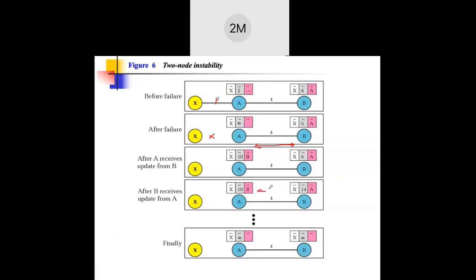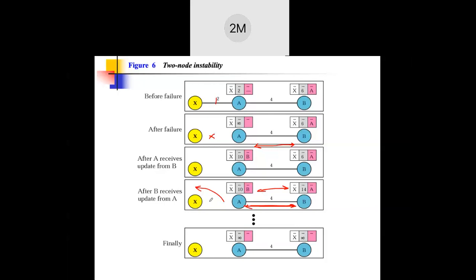And within that period, there is no packet reaching X. So ultimately what happens, the packet will move here only. A will send it to B, B will send it to A. Again A will send it to B, B will send it to A. It will never reach X because this path has disconnected. This particular problem is called two-node instability.